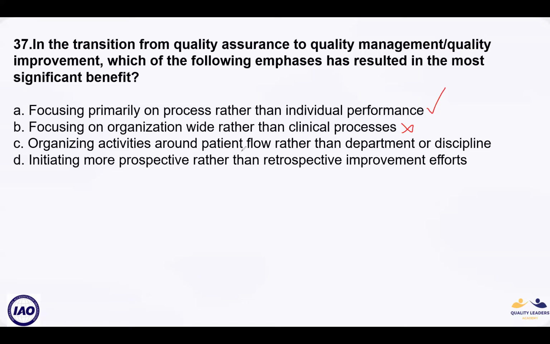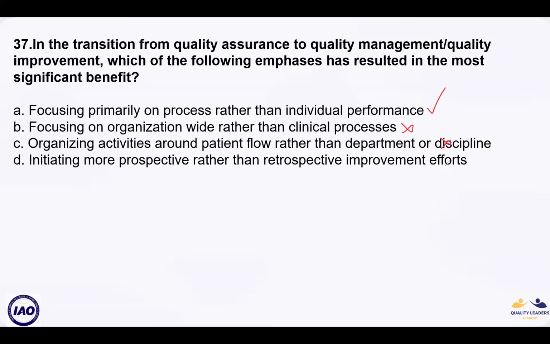Organizing activities around patient flow rather than department or anything. In a way, like patient flow rather than breaking silos is important, but a consequence of process thinking, and it's not the primary shift. Okay, so this is also not the right option. It's initiating more prospective rather than retrospective improvement efforts.